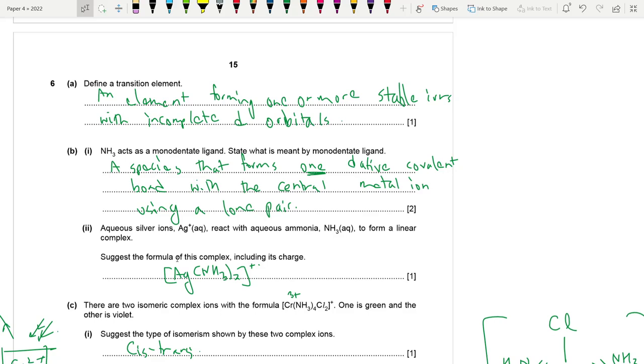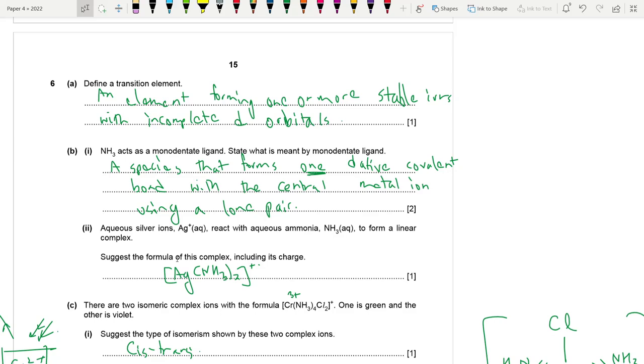Or you could say a species that forms one dative covalent bond with the central metal ion using a lone pair. What about a bidentate ligand? It's a species with two lone pairs of electrons that forms two dative covalent bonds with the central metal atom or ion. To be a polydentate ligand, you need to have more than two lone pairs at least, and you need to form more than two dative covalent bonds.